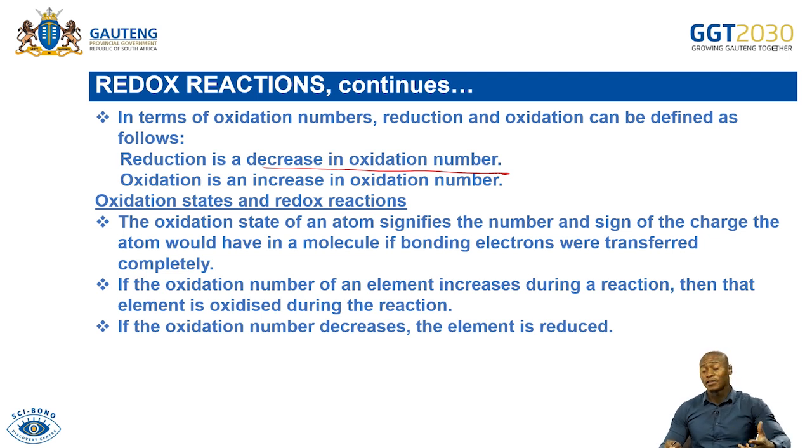But if its oxidation number decreases, it means that atom is gaining electrons. So the electrons are gained if there's a decrease in oxidation number, and electrons are lost if there's an increase in oxidation number. Let's not forget that, learners. So we have defined redox, and we have defined reduction and oxidation in terms of electron transfer.